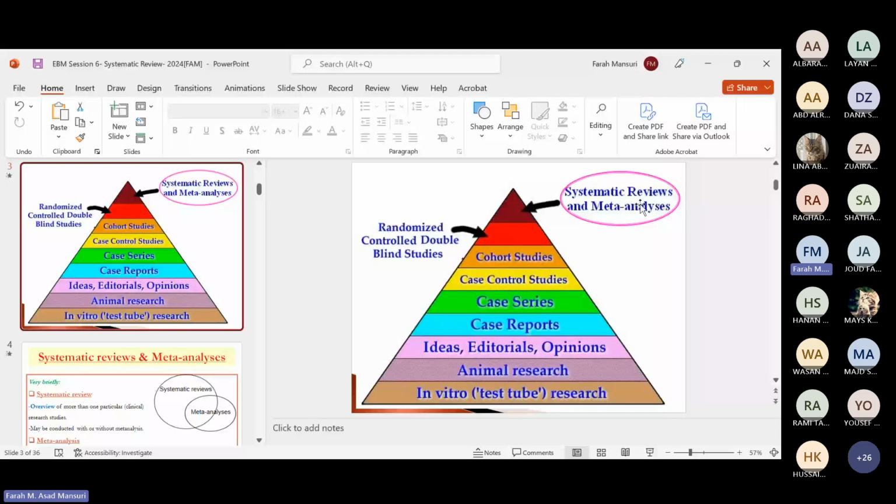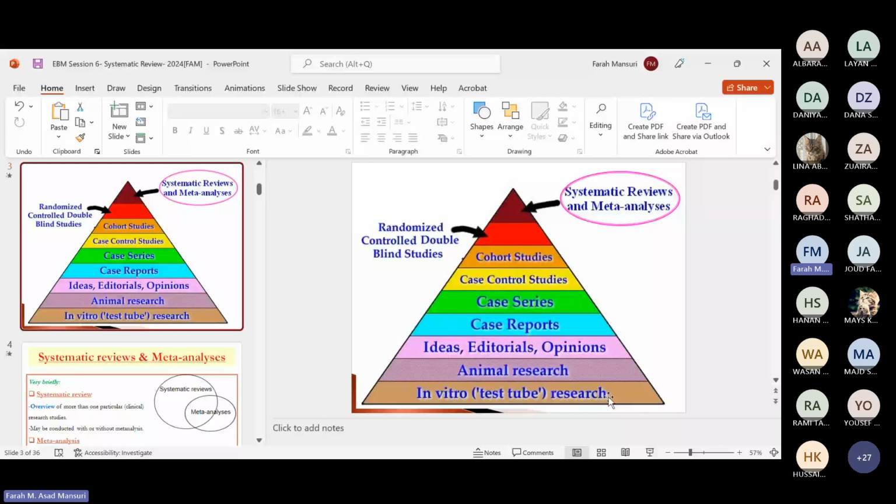After this are the randomized controlled trials, then the cohort studies, then case control studies, case series, case reports, experts' opinions and editorials, animal research, or we call it fundamental trials, or in vitro trials. So this is actually the hierarchy of evidence.